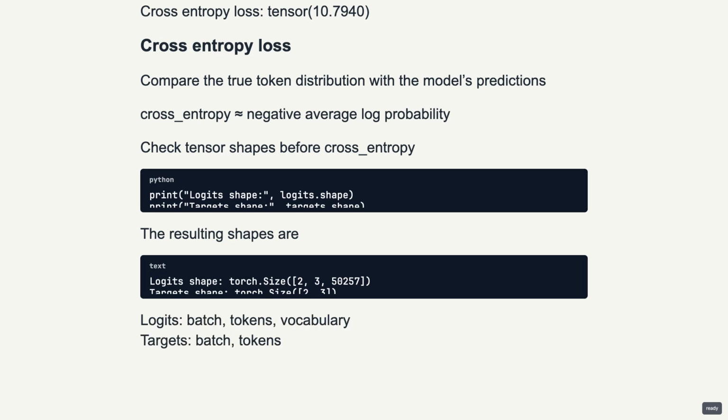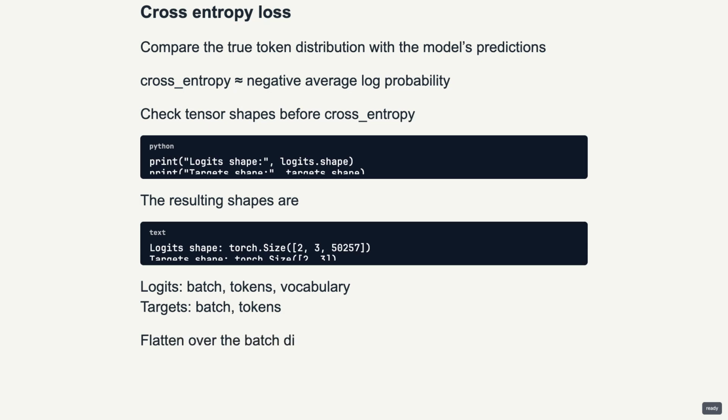The loss function needs one row of vocabulary scores for each target token, which is why the tensors must be reshaped first. Flattening combines the batch and token axes, so every prediction becomes one row. That matches the input format expected by PyTorch's cross-entropy function.